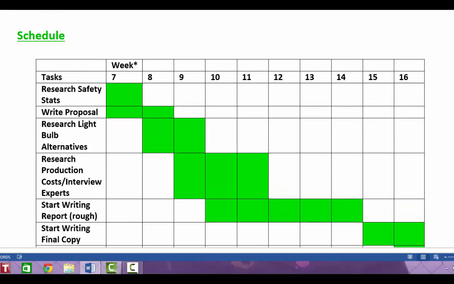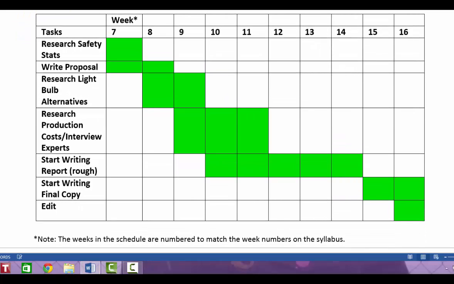Then he's created a Gantt chart to provide his planned schedule. He's divided his schedule into weeks. This was during a spring semester, so there were 16 weeks total. He began with week 7 because that was when we began working on the recommendation report.